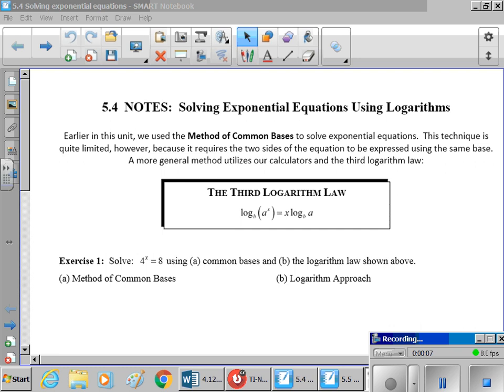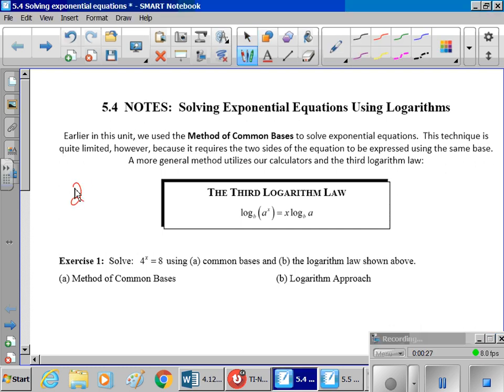Today's lesson is 5.4, Solving Exponential Equations Using Logarithms. If you remember back when we were looking at common bases back in Unit 4, the only way that we could solve an equation that had an x in it, like 2 to the x is equal to 8, was if you could put that 8 into the same base as 2.